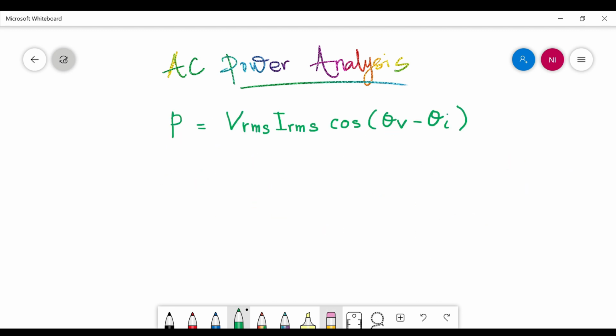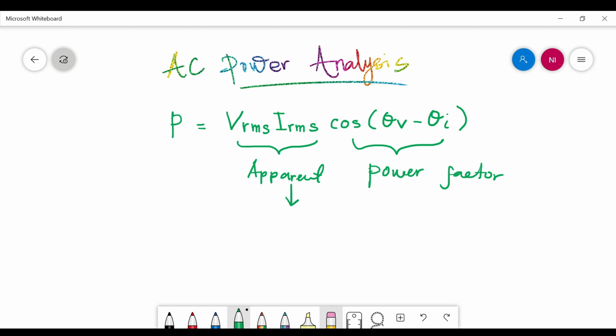Okay, from average power in terms of RMS, it has two elements. The first one is apparent power, and the second one is power factor. Apparent power is denoted by S, and the unit is VA.